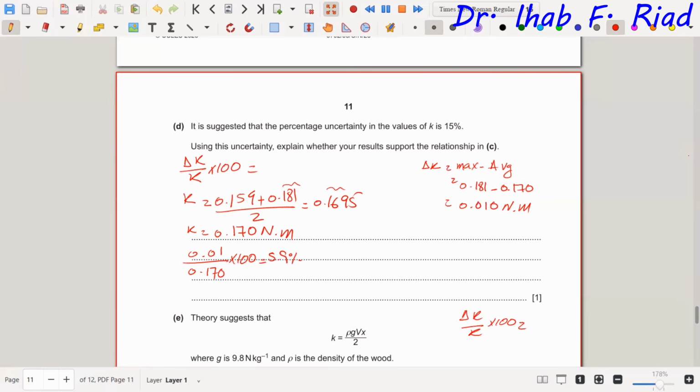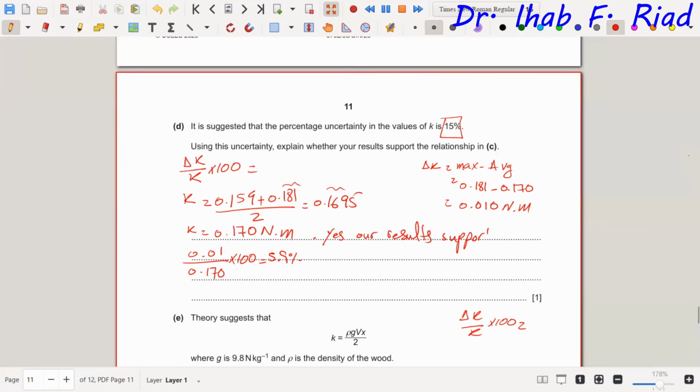So does it support our finding or not? Yes. Why? Because it is smaller than what is expected for the values of k. Okay, yes.